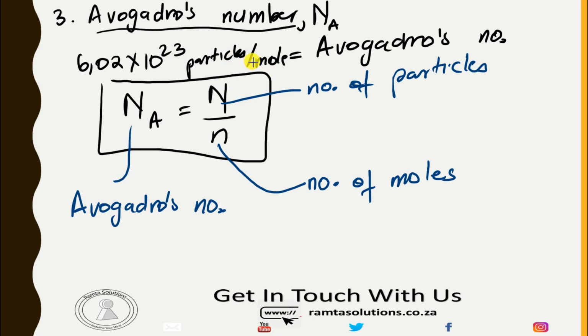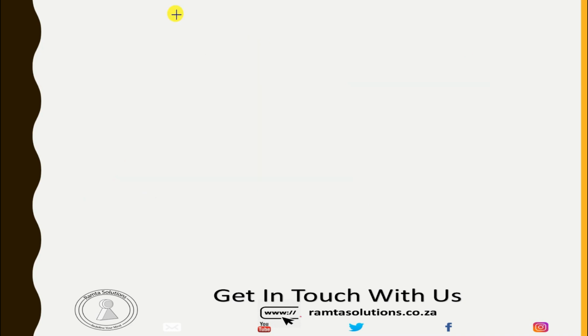So if you want to know how many particles you have, you need to know the number of moles you are looking at. But we will do examples, so stay tuned.